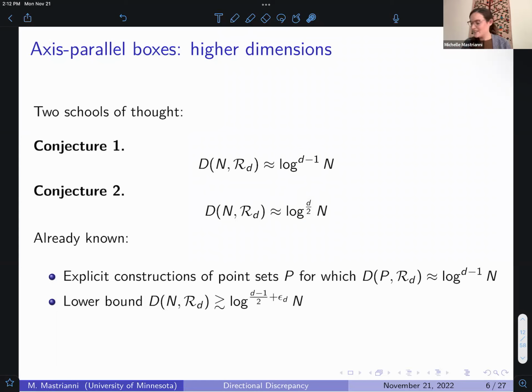And this is definitely by far probably the biggest open problem in discrepancy theory as a whole. And just a note that the best possible lower bound up to now is (d-1)/2 plus a small constant depending on the dimension. And that improvement by some epsilon depending on the dimension was done by my advisor Dmitriy Bilyk as well as Michael Lacey.